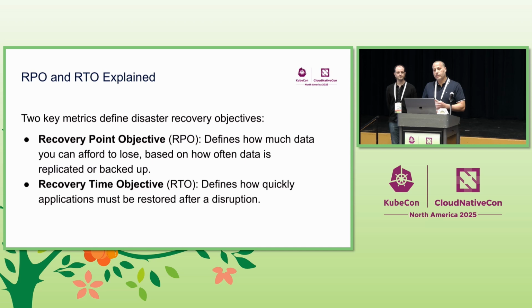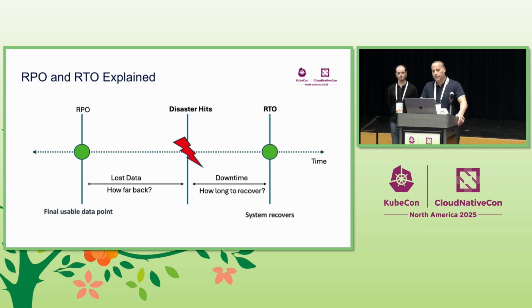RPO deals with how much data a business can afford to lose, and it is measured in time. RTO is, when disaster hits, how long it is going to take for the application to be available after the disaster. Said differently, in a diagram.